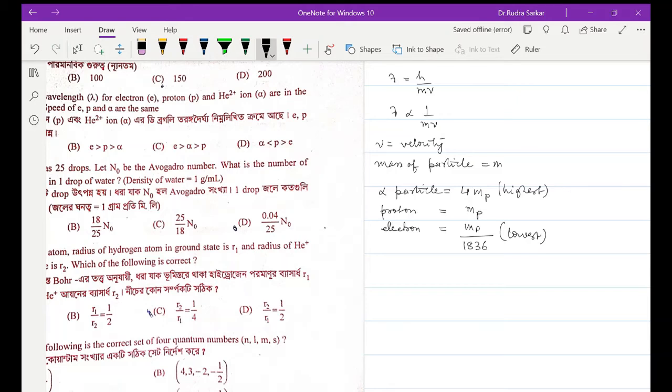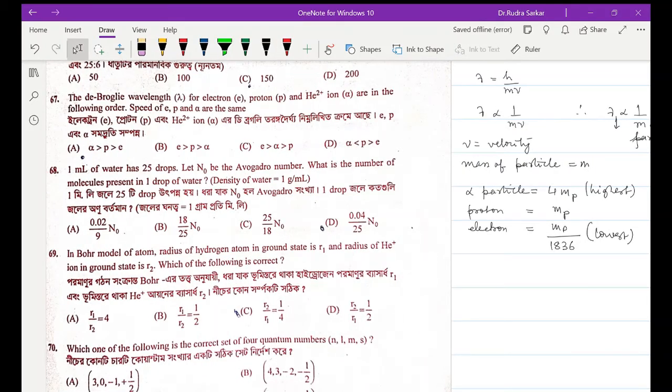And we know velocity for each of them are to be equal. So we will say lambda therefore is only dependent on the mass of the particle. Higher will be the mass, lower will be the wavelength. Okay, so the lowest wavelength will be for the alpha particle and the highest wavelength will be for the electron. So we will say this will be the correct answer.